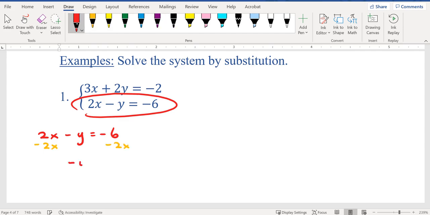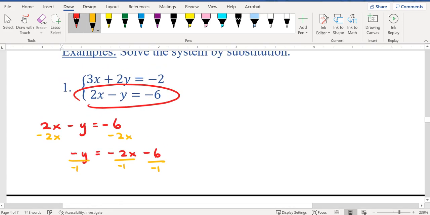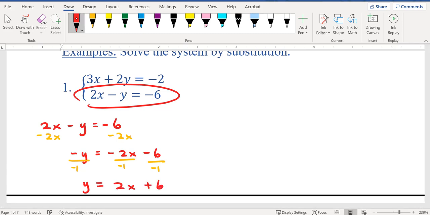That leaves me with -y equals -2x minus 6. Then I want to divide everything by -1. So my equation is y equals 2x plus 6.